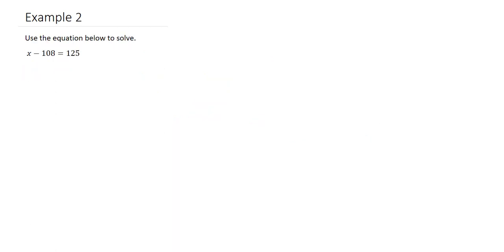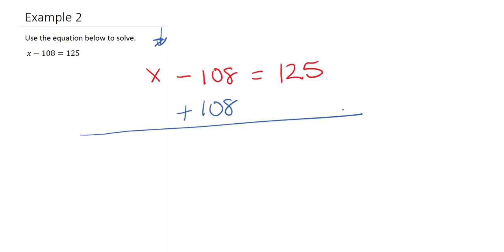Example 2, use the equation below to solve. So here we have this equation, x minus 108 equals 125. So we want to do the opposite of this subtraction, and we want to get the variable by itself. So we just add 108 to both sides, right?